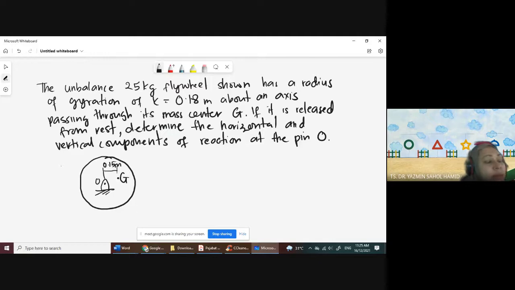This problem involves rotation of a body about a fixed axis. The procedure is, we need to establish the N and T coordinate system first.